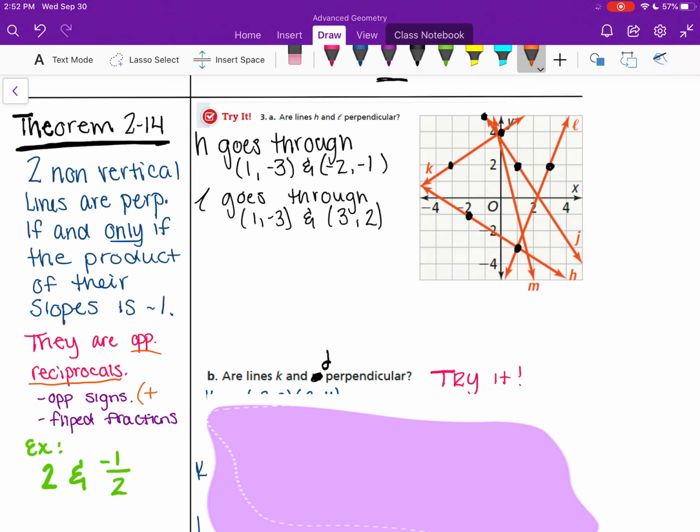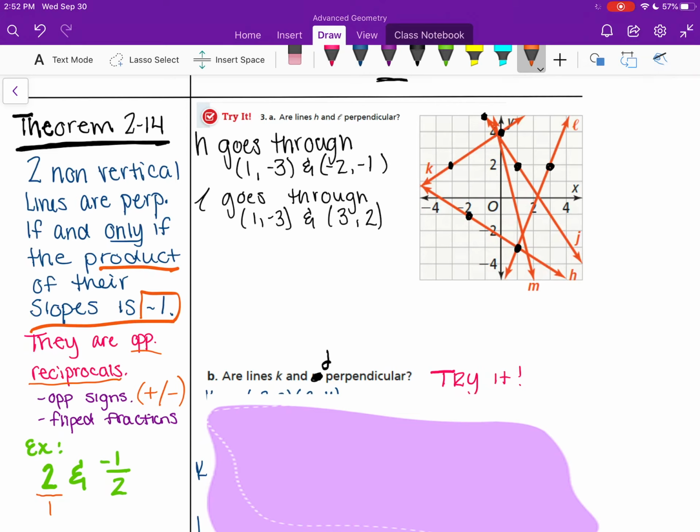So one is positive, the other is negative, and it looks like a flipped fraction. An example I gave you is 2 and negative 1/2. We know secretly that's 2 over 1. So we will know that the lines are perpendicular if their slopes are opposite reciprocals, and that means that when you multiply them together, their product is negative 1.